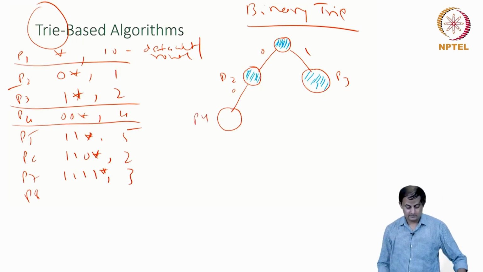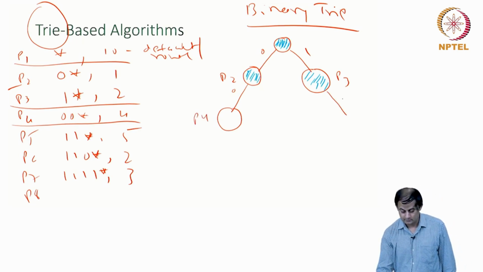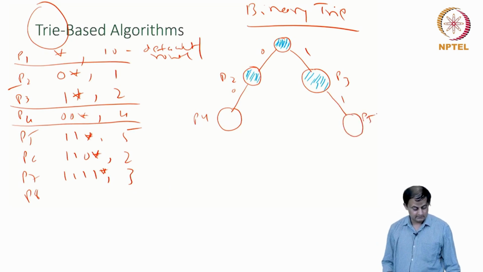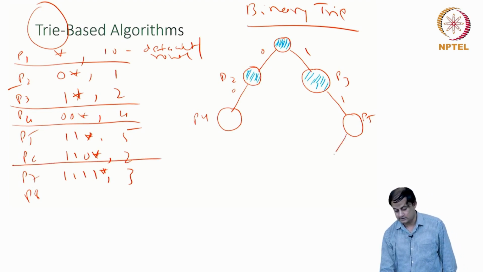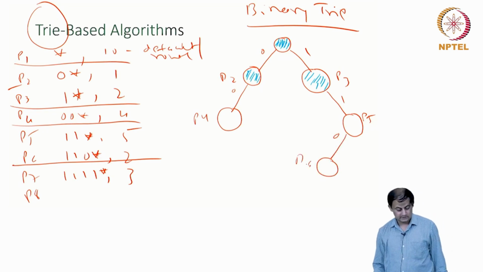P5 is saying 1 followed by 1, so I am going to add a right child to this node. This is my P5. P6 is saying 1 1 0 star. So 1 1 is already there, I read 0 and come to the left. This is my P6. P7 is saying 1 1 1 1, 4 times.